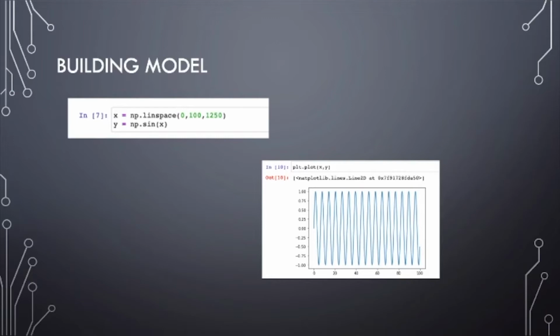So the range is going to go 0 to 100, which is shown here by linspace. Then we're going to divide that range by 1,250 data points. We're doing this because we're splitting it into training and testing model to make sure we get the most accurate results.